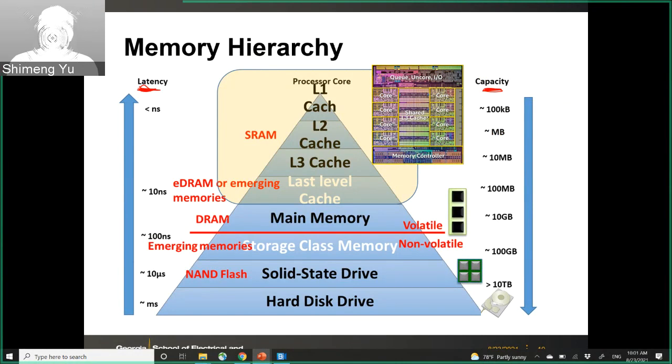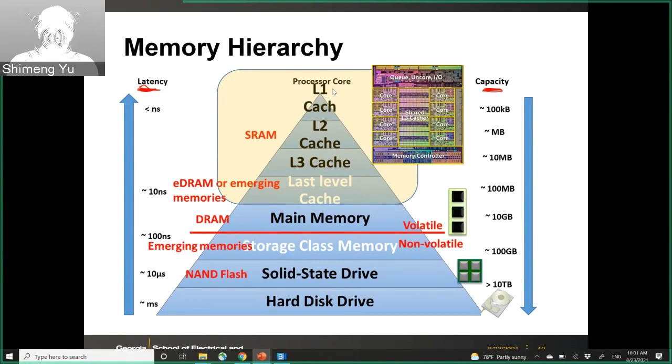Capacity, of course, is how many bits you can pack on a single memory chip. Here, this pyramid starts from the top with your processor core. The processor core does the logic functions, like your ALU, arithmetic logic unit. This is how you perform your logic and numerical functions.